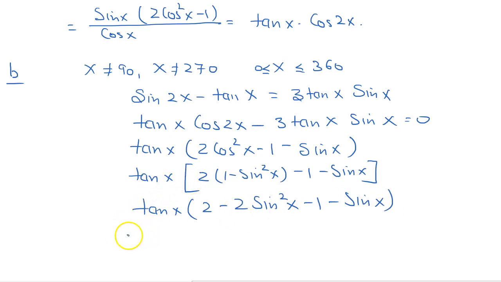So minus tan x, let me take minus outside. So we have 2 sin squared x plus 3 sin x, and 2 minus 1 is plus 1, so minus 1, is equal to 0.